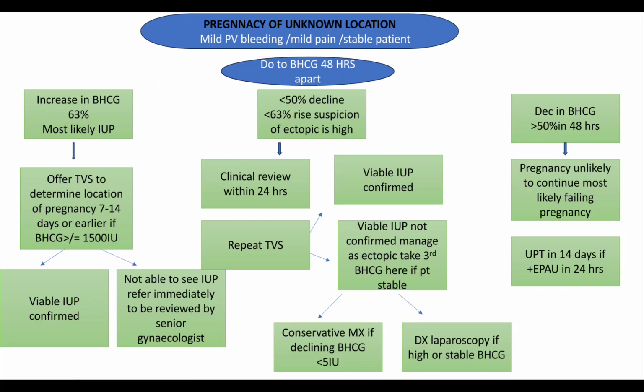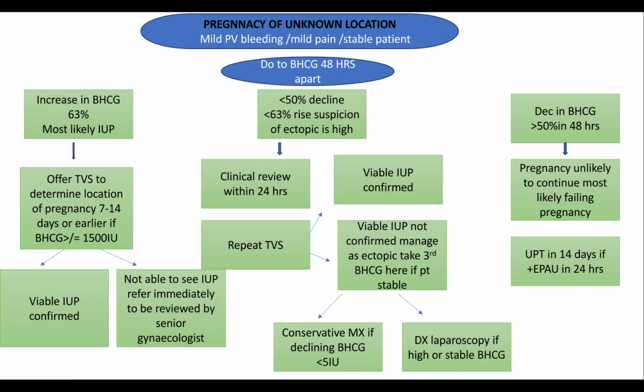So if you get a patient with a pregnancy of unknown location, meaning her pregnancy test is positive, but on ultrasound there is no intra or extrauterine pregnancy located, and there is mild PV bleeding, mild pain, or the patient is stable, you have to do the beta HCG and then repeat it after 48 hours.